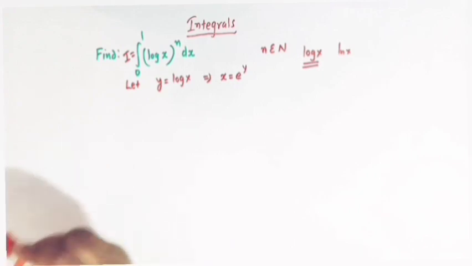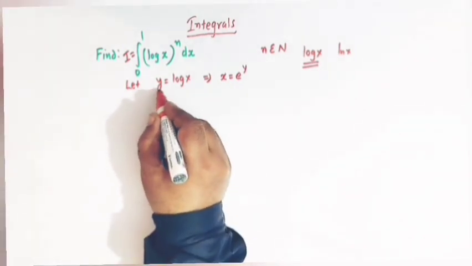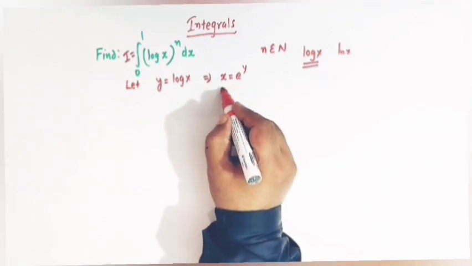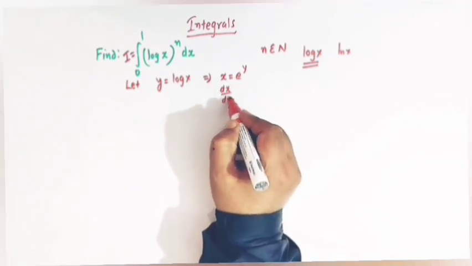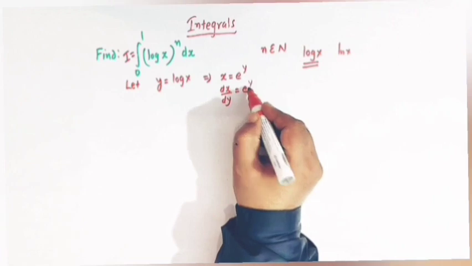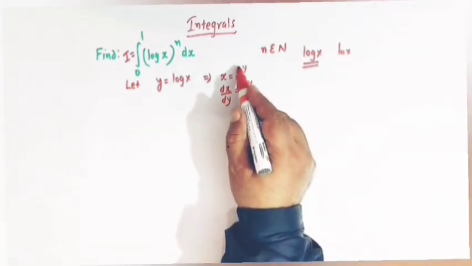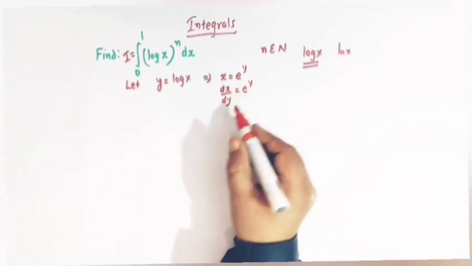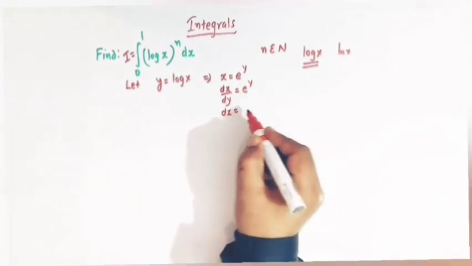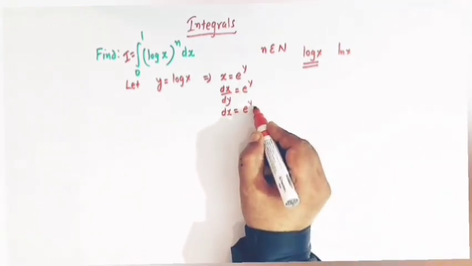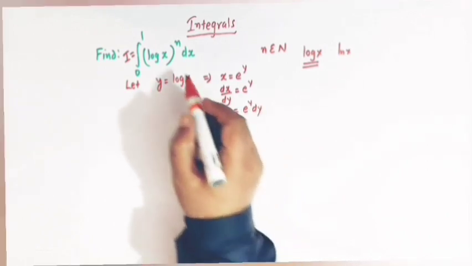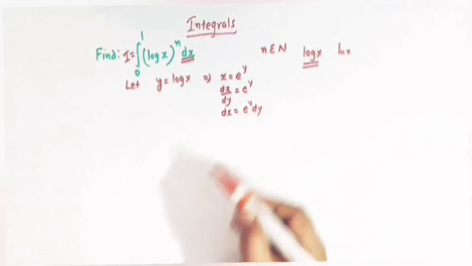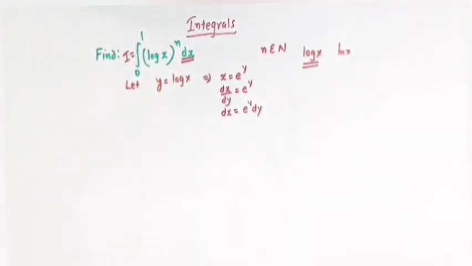Now if we differentiate x with respect to y, then we have dx over dy is equal to e raised to y, because the derivative of e raised to y with respect to y is e raised to y. So now we have dx is equal to e raised to y dy.